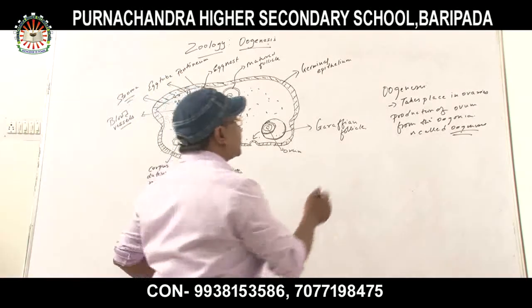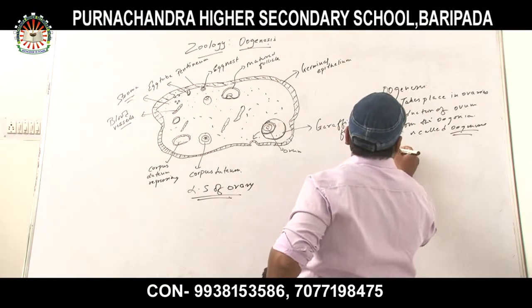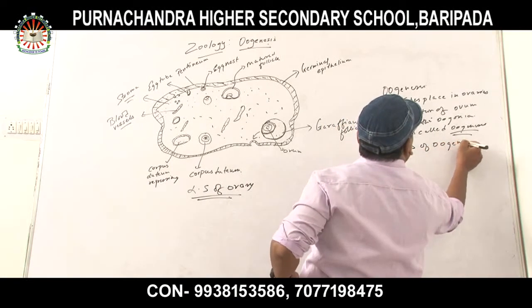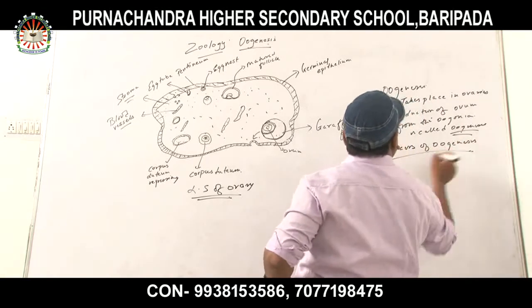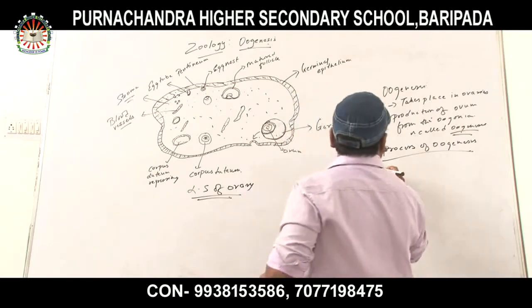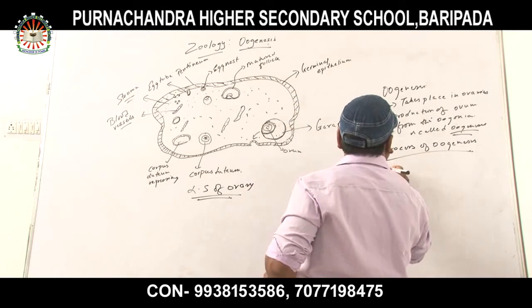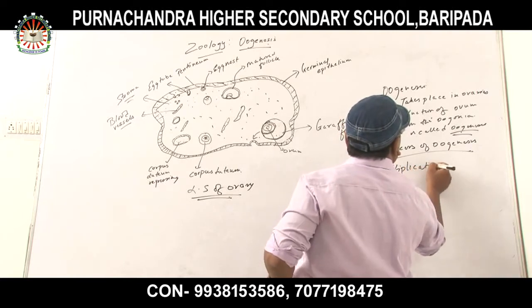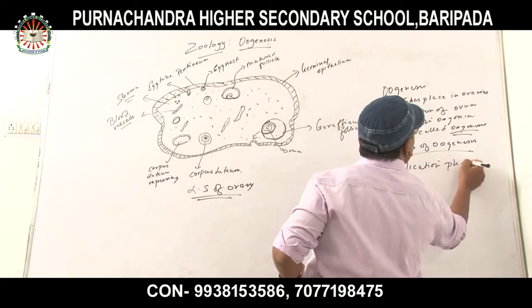Now the process of oogenesis. There are three phases in oogenesis. First one is the multiplication phase.